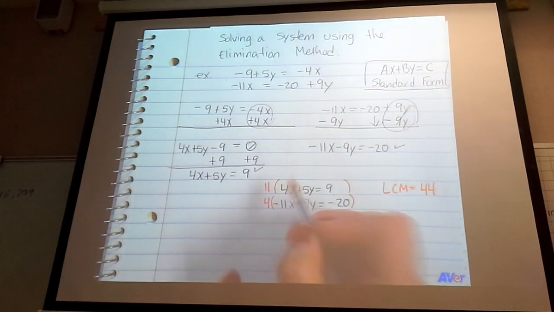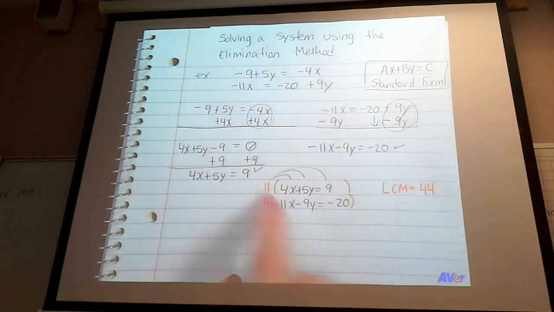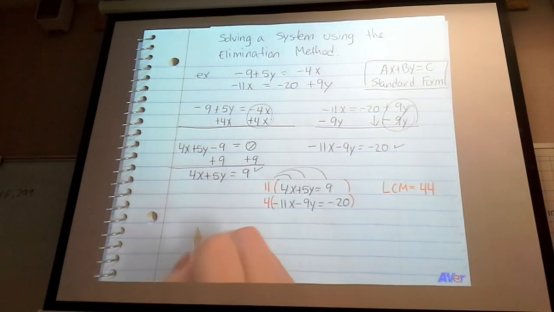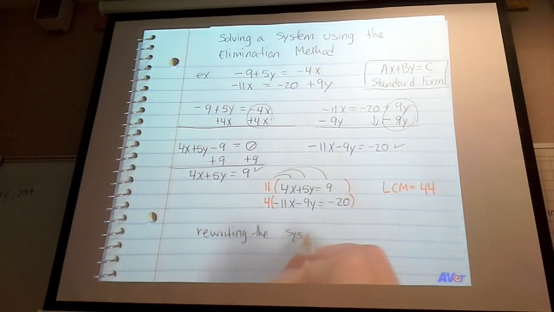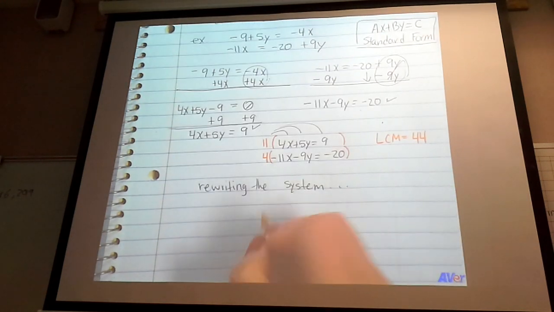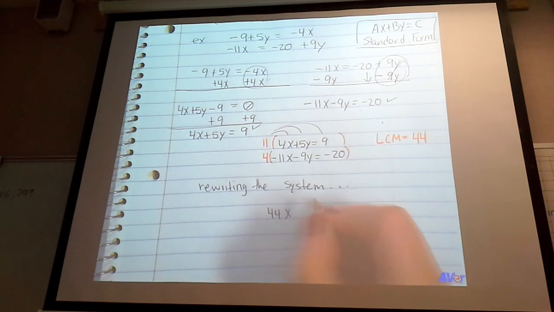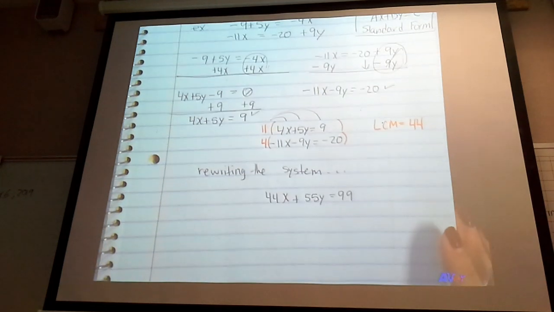So let's do that. I'm going to actually bring that into every single one and multiply it. So rewriting it, I get 44x plus 55y equals 99 on the top one.